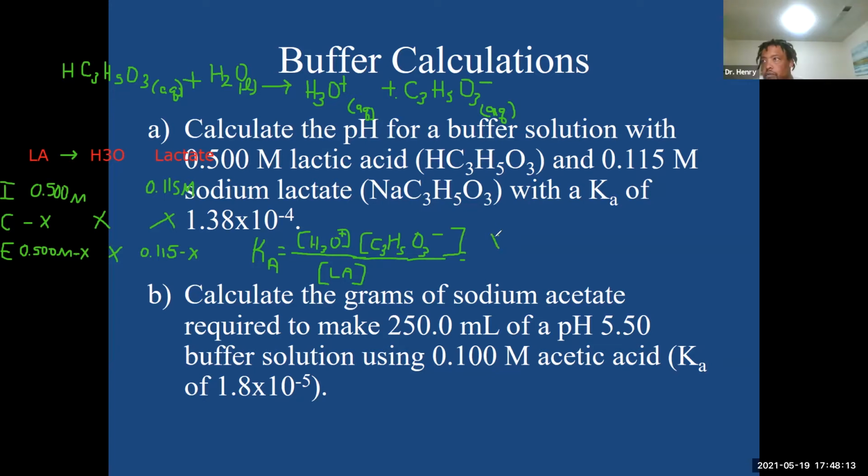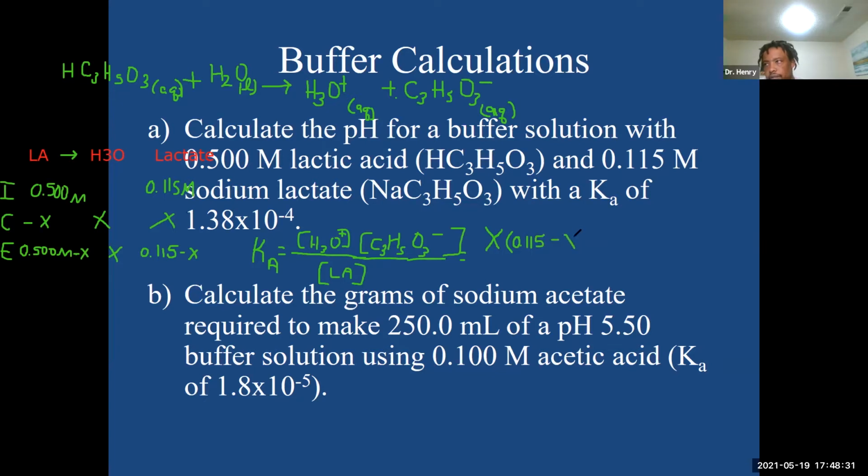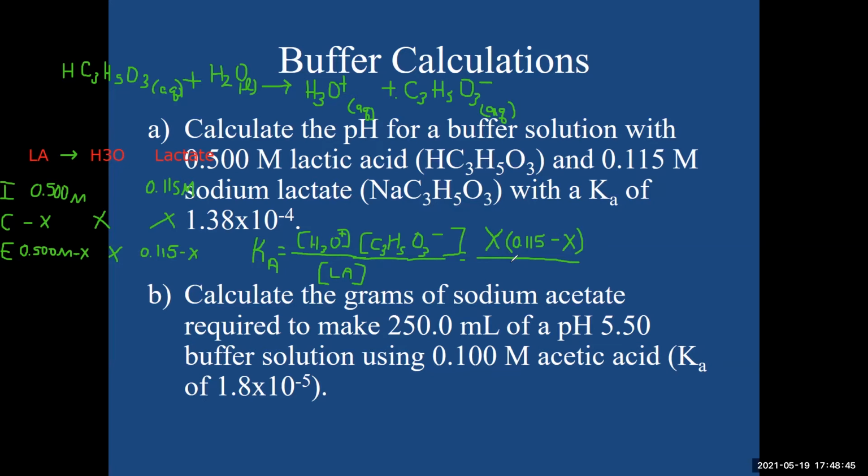X, times, what are we going to have for the lactate? 0.115 minus X. And then what are we going to have on the bottom? The 0.500 M minus X.